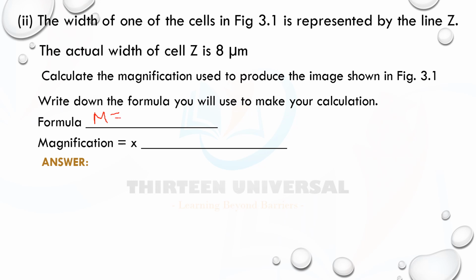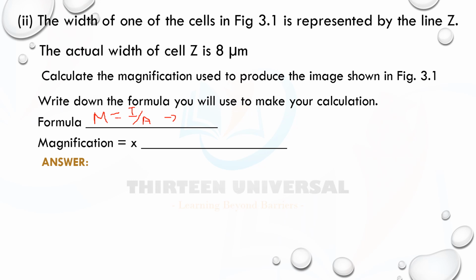Remember the formula, image size over actual, right? Because what we're looking for here is magnification. So go back to the diagram and measure that line Z. That is the image size.